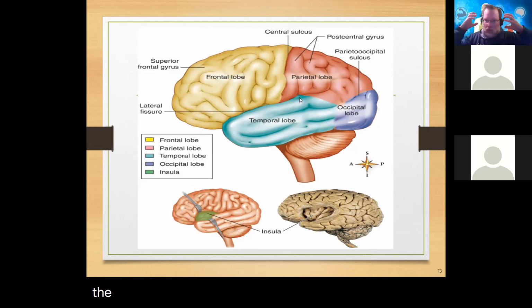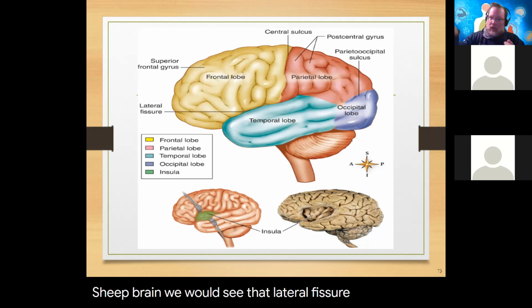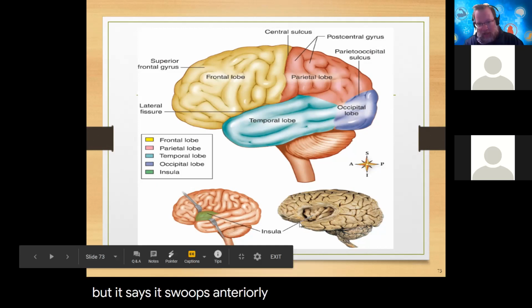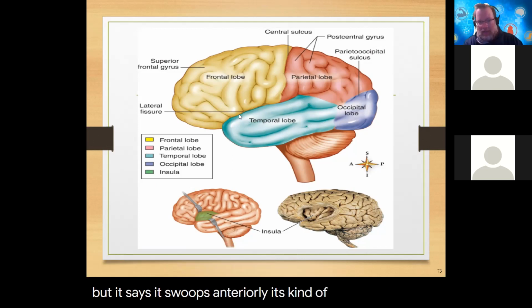If we were dissecting the sheep brain, we would see that the temporal lobe is connected with the rest of the brain back here, but as it swoops anteriorly, it's disconnected a little bit. There's just some connective tissue there that's keeping it together.